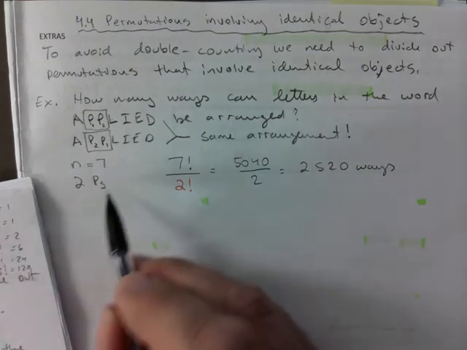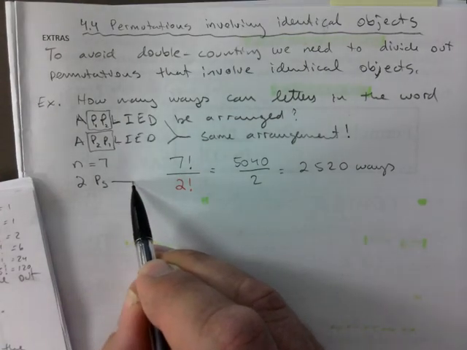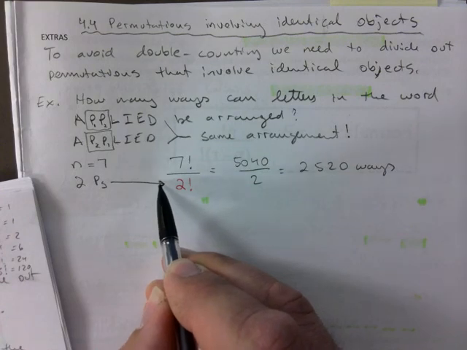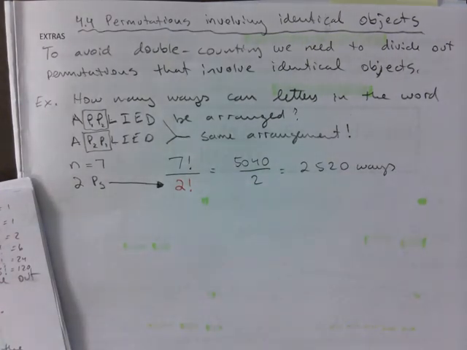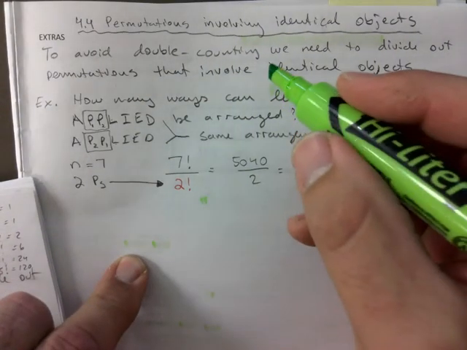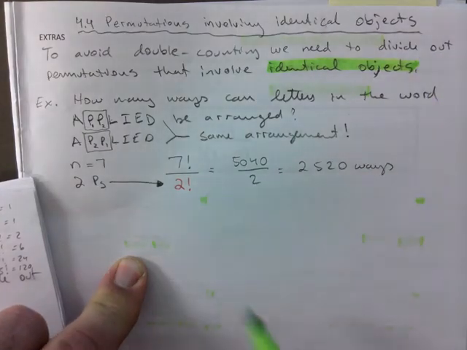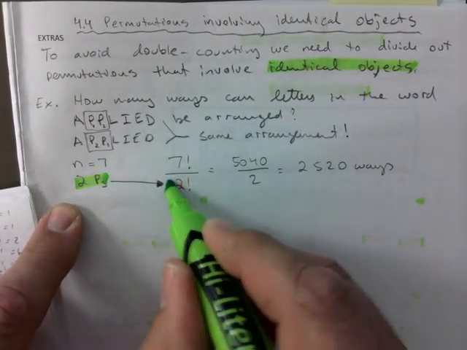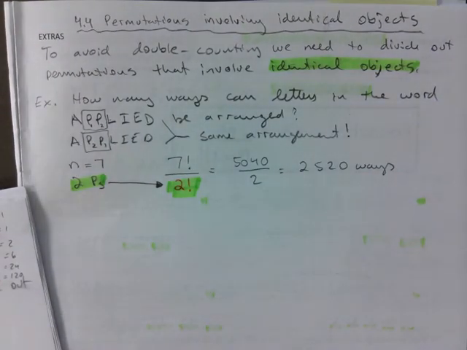So, maybe make an arrow go to that, right? You need to divide out when you see that there are identical objects, right? How about this? Identical objects. These are your identical objects here, and we divided them out, right? It really sticks out.